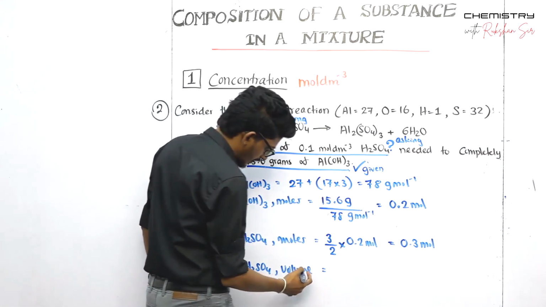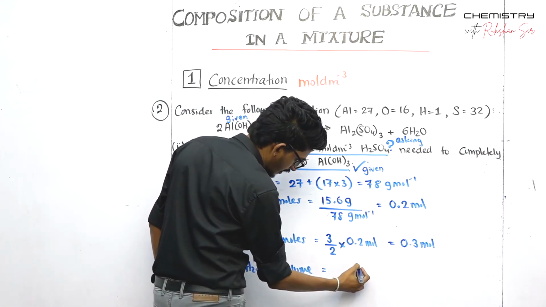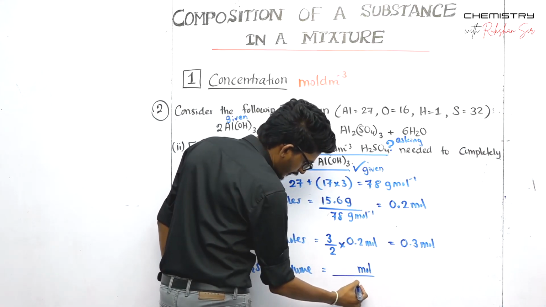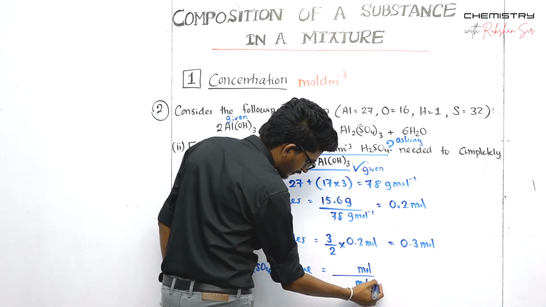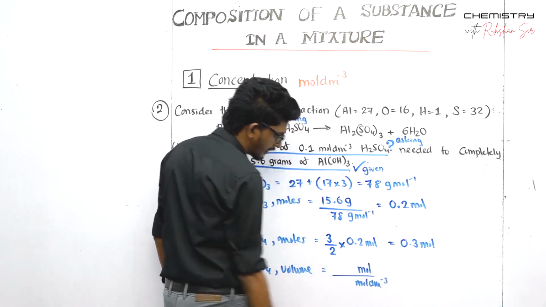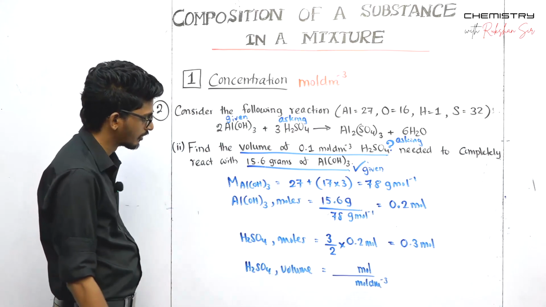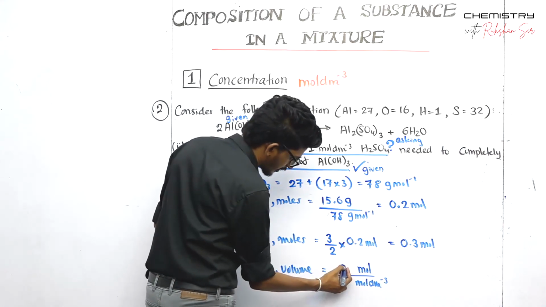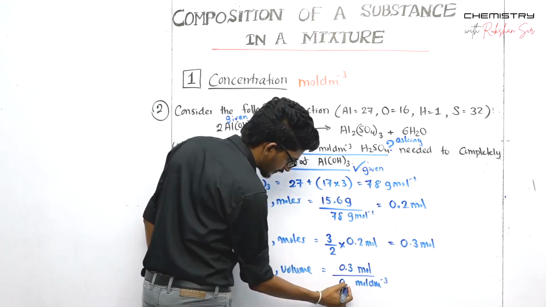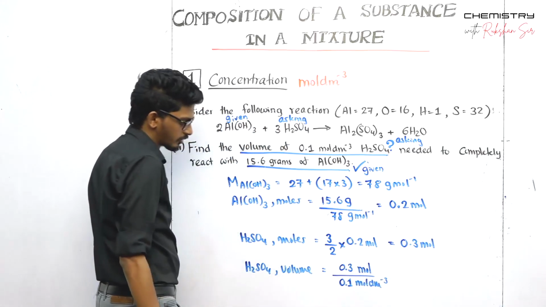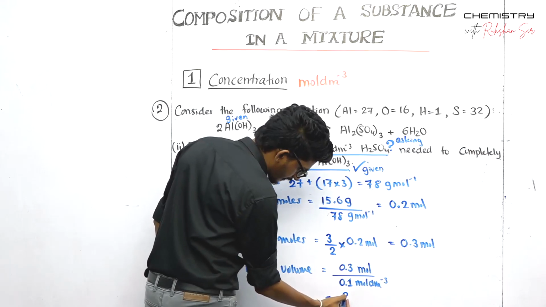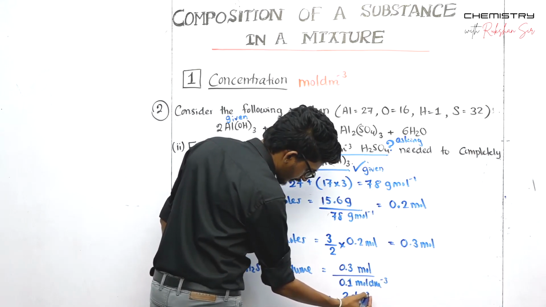So let's do the stuff. For the volume, we just divide the mole value by the mole dm minus 3 value. The mole will cancel off and dm minus 3 comes to top as dm3. That represents the volume. The mole value is 0.3, and the mole dm minus 3 value is 0.1. So the final answer is 3 decimeter cubes.